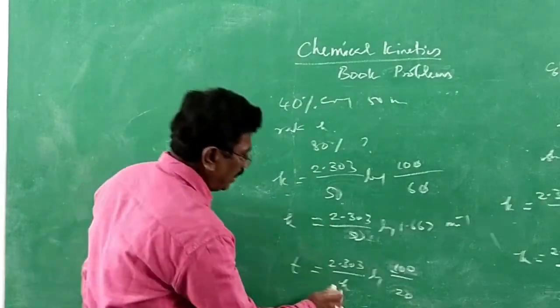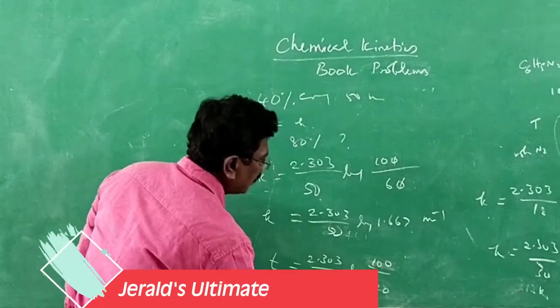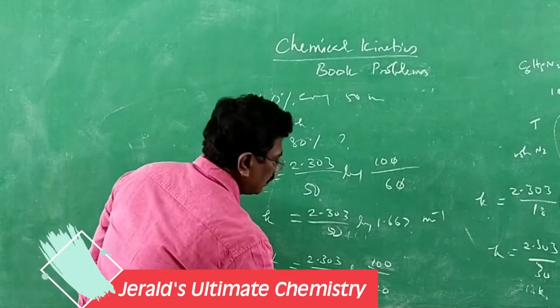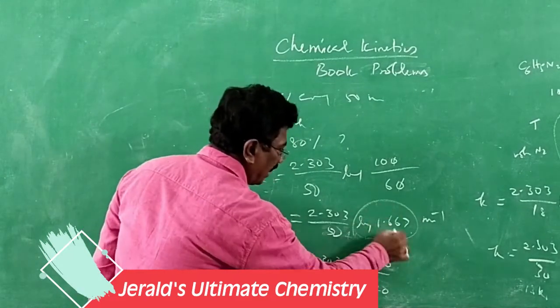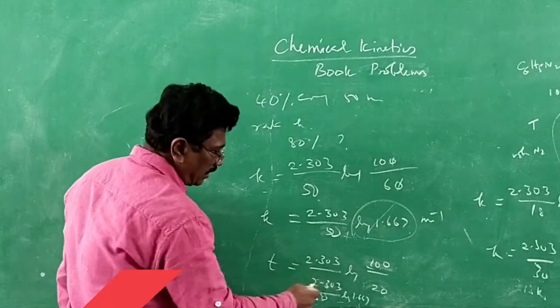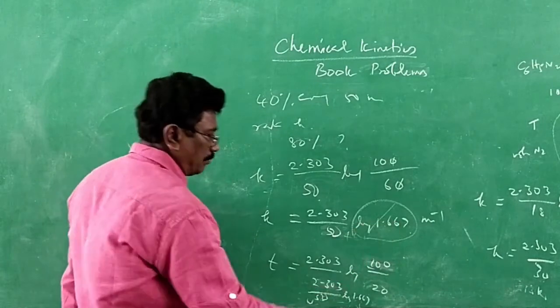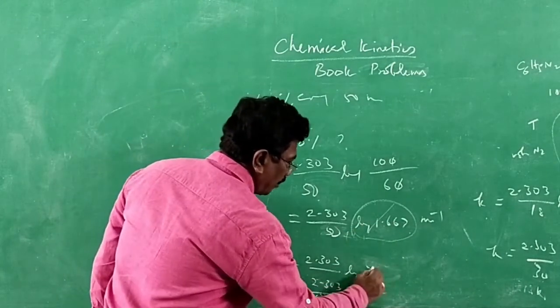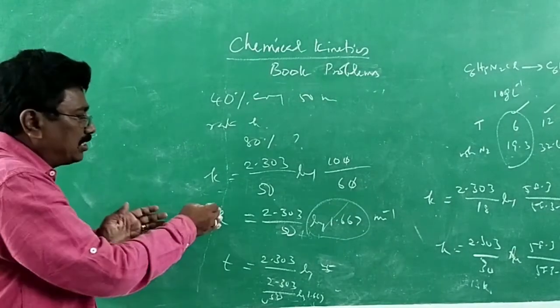What is the value of k? 2.303 by 50 log 1.667. So you can solve the sum. You can take logarithm for this value, substitute and place here. So the 2.303, 2.303 get cancelled and the numbers will be remaining, you can solve the sum. 100 by 20 will be giving log 5. Log 5 is 0.699. So if you try to solve the sum, you will be getting an answer.